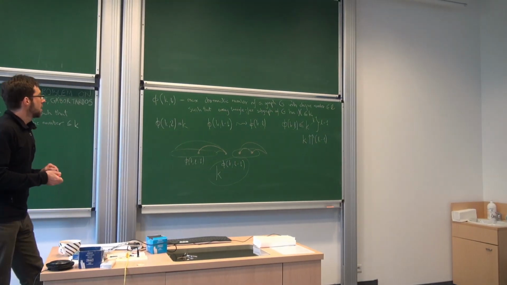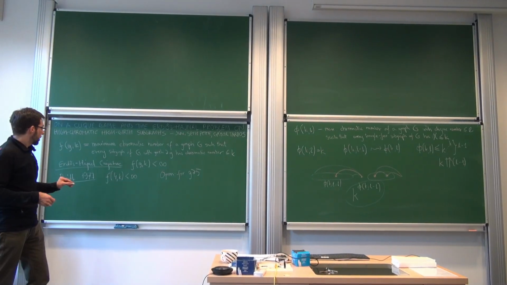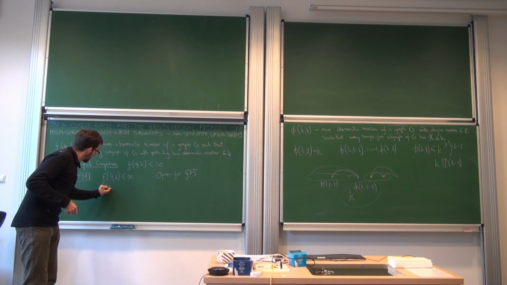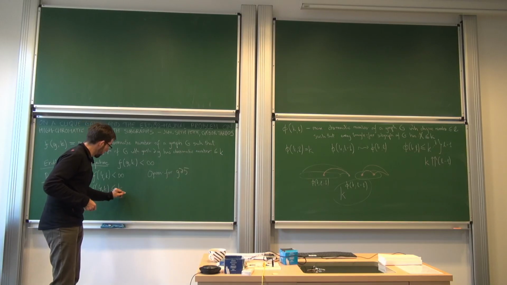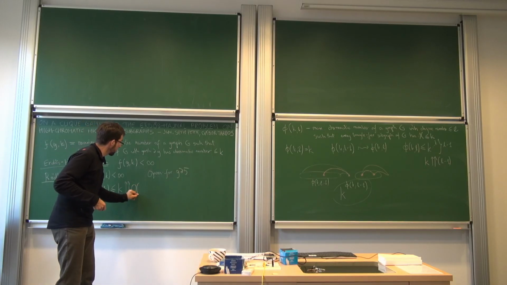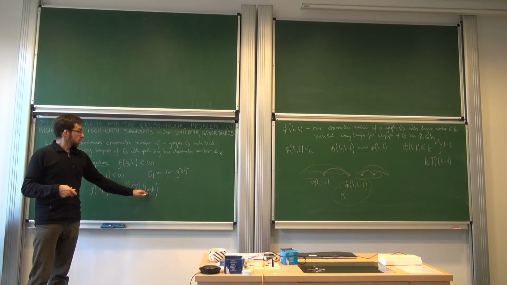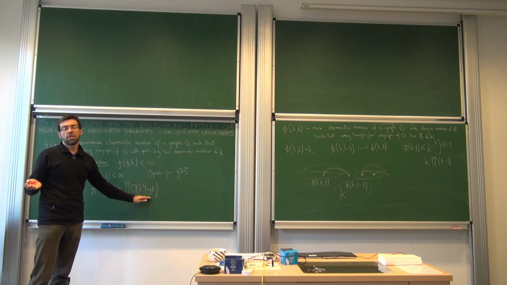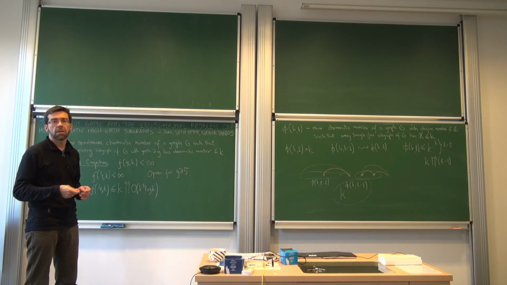Okay? So now, when we are going back to Erdős's theorem, we can write that this is at most the tower of height big O of k squared log k, because this is the smallest size of a triangle-free graph with chromatic number k, or k plus 1, by well-known theorems from extremal graph theory.